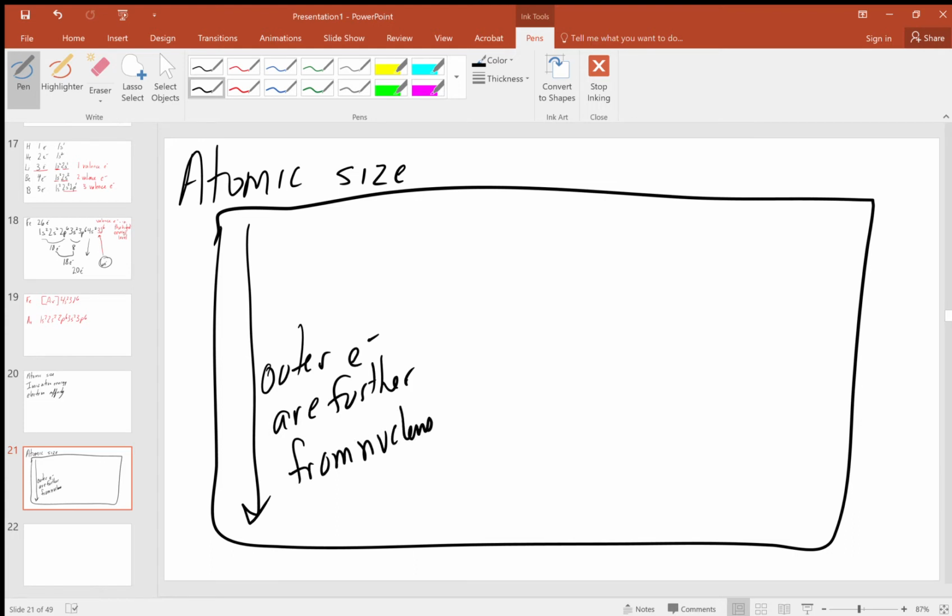And so in general, as we move down the periodic table, we end up with larger atoms. And we can see some examples of that on this chart.